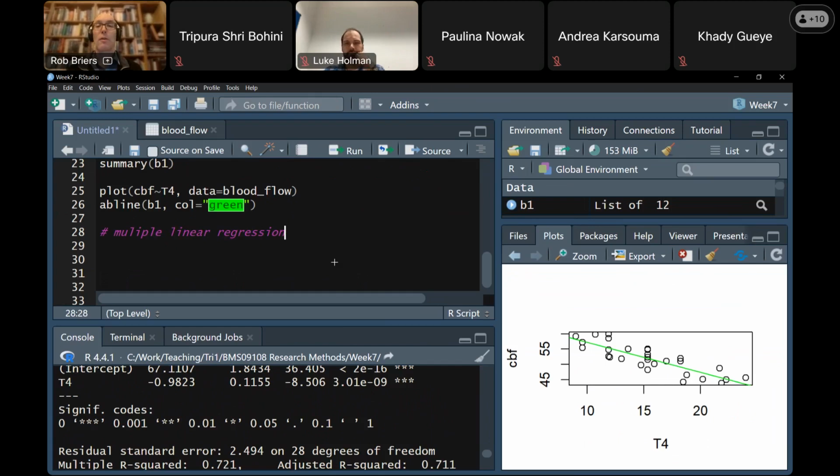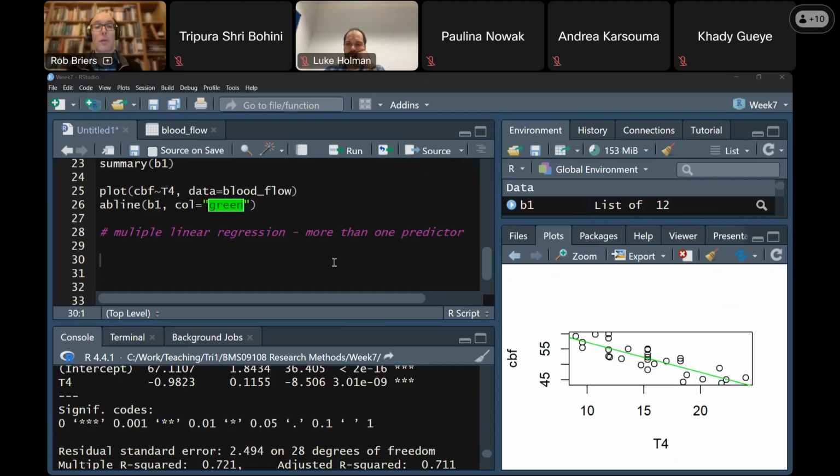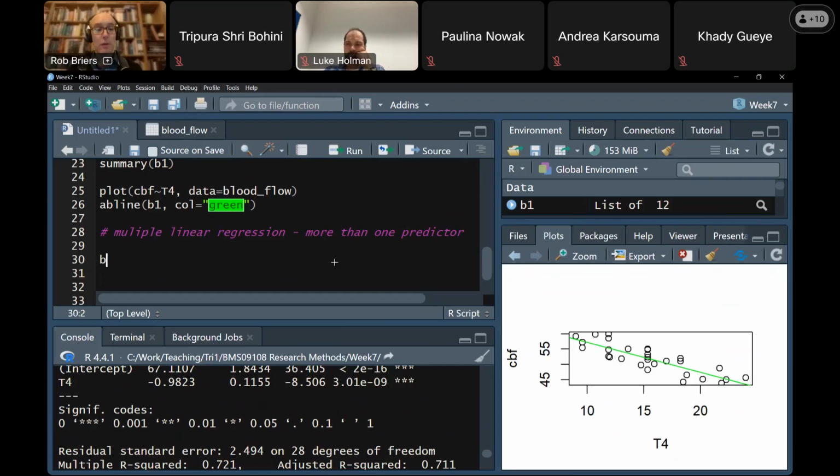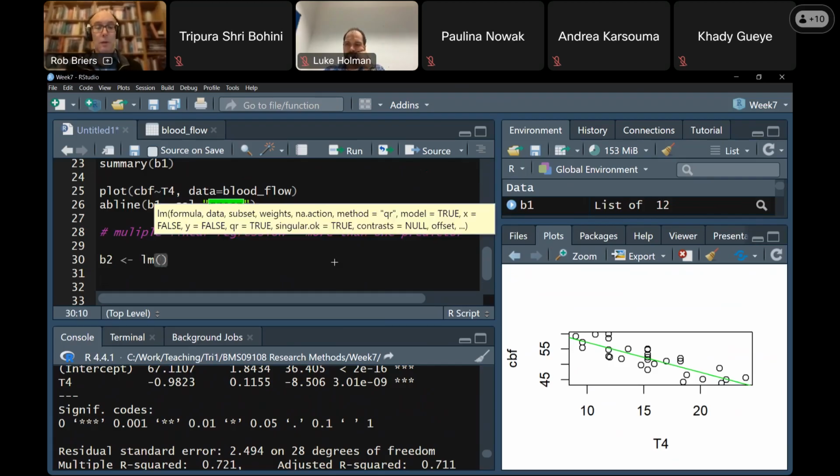So the aim here is to basically try and find the best model of predicting our data. So more than one predictor. The process is pretty similar. Previously we just had the one variable in, so we call this B2. And it's cerebral blood flow on the left.